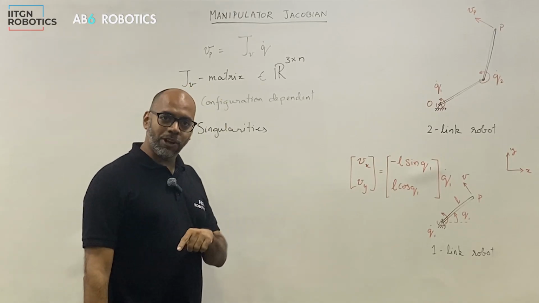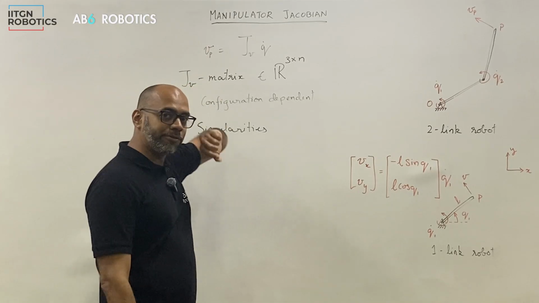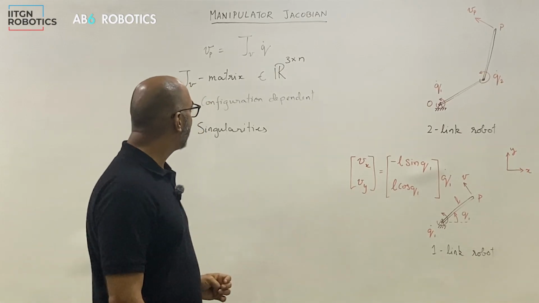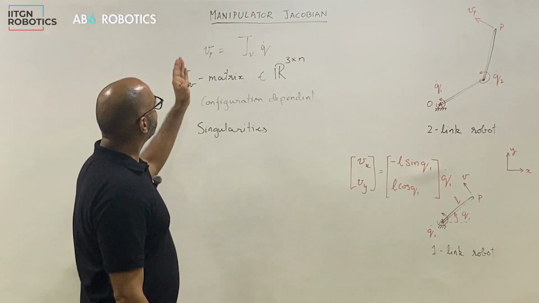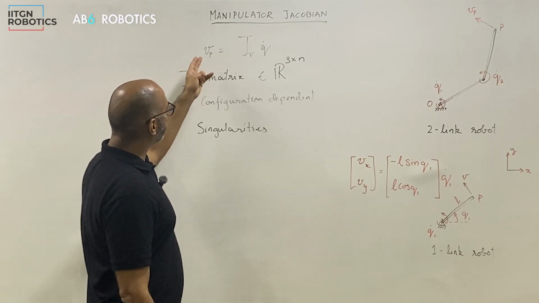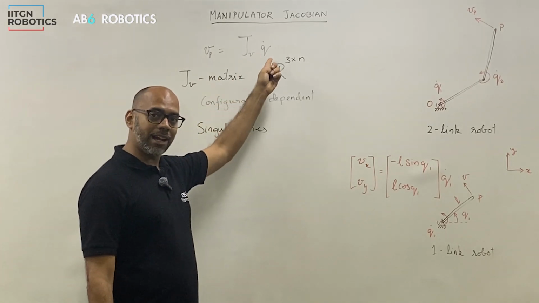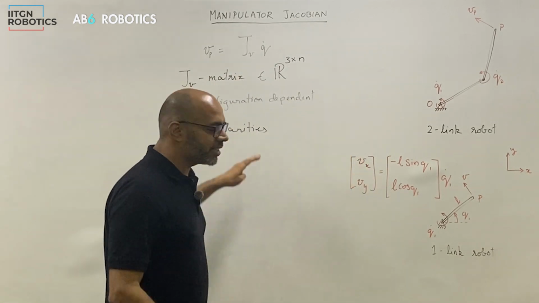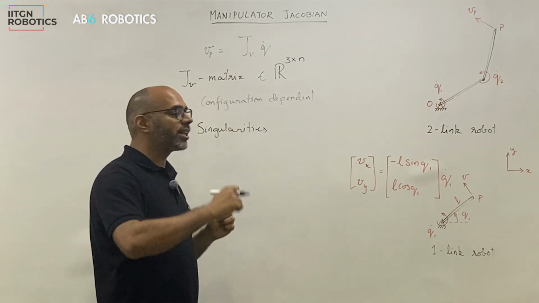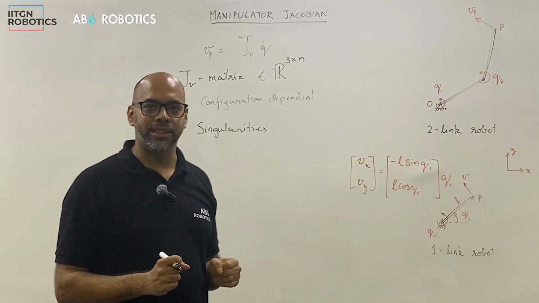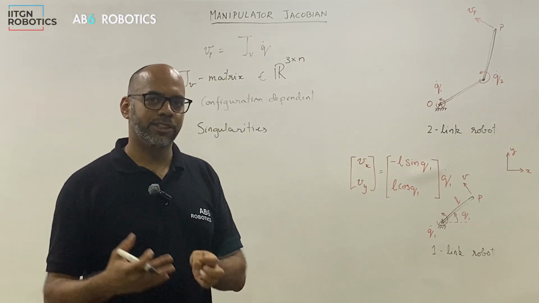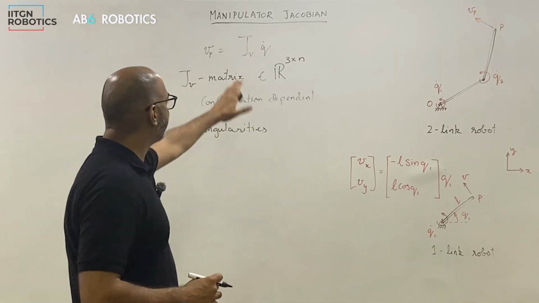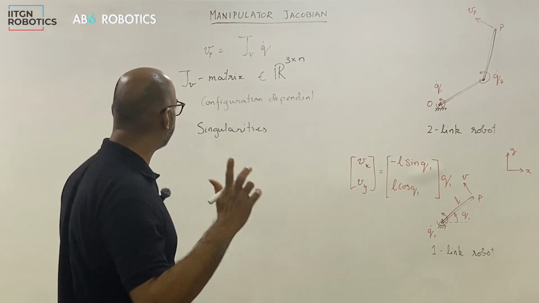It would mean that at those configurations, either some components of velocities are not achievable, so you may not be able to get a certain direction of velocity, or it could also mean that to achieve certain velocities, you need infinitely large angular velocities, which means it is impractical. You cannot achieve those. So singularities give you an idea of certain configurations in which the velocities are limited, and consequently, the capabilities of the robot are limited in certain directions. So that's again a very useful analysis that one could do with the Jacobian.